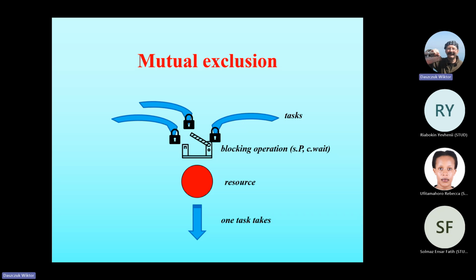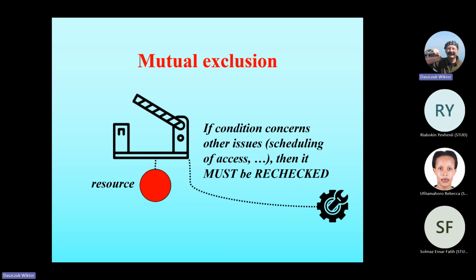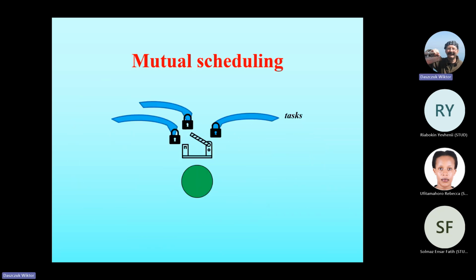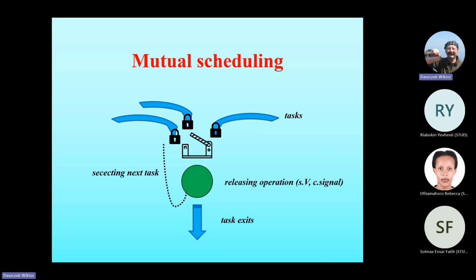So blocking is for safety, resuming is for scheduling. When a process occupies a resource and releases it, it can just release, not appointing another process, but it can appoint another process that will continue on this resource.